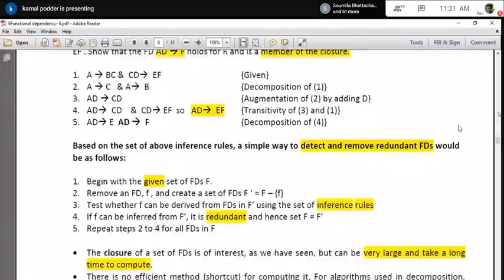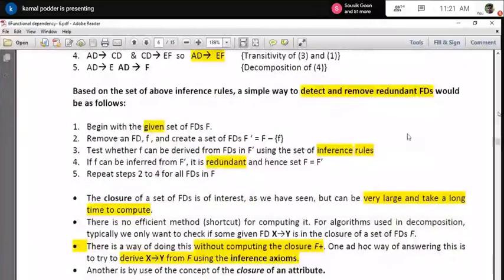Based on the set of above inference rules, a simple way to detect and remove redundant FDs would be as follows. So naturally, I try to write this down in steps, and with the help of an example I will provide it so that you can easily understand.